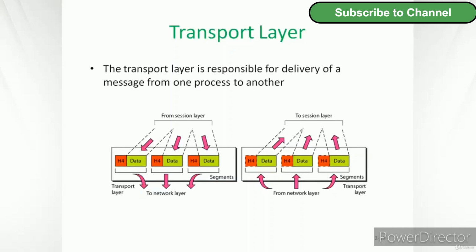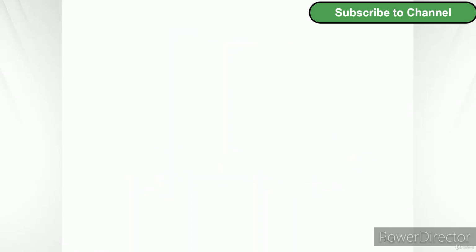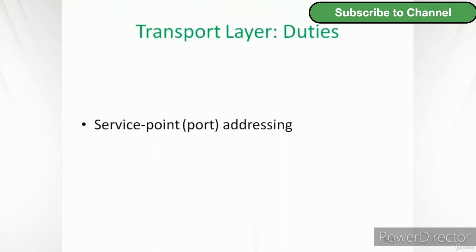As so many processes are running on the computer, to reach that process there is a need of some address, and that is called the port address. Or we can say it is process to process delivery, and this transport layer is responsible for that delivery.